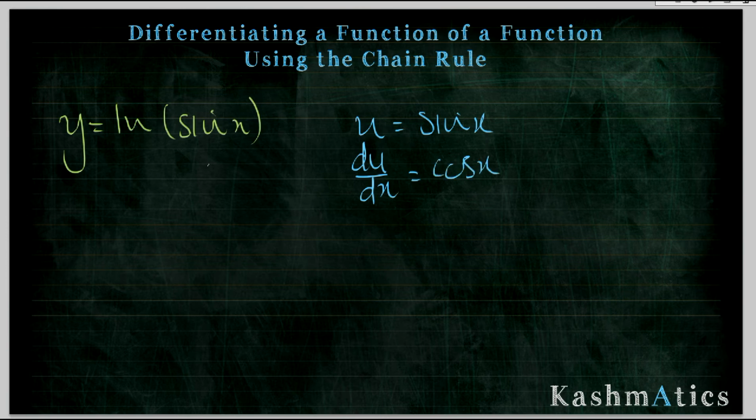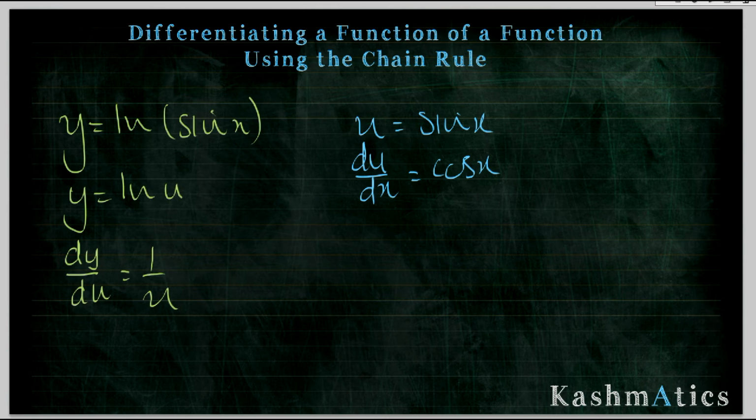Okay, now because u is sine x, this becomes y equals ln u. So when you differentiate ln u, so dy by du, so ln something becomes 1 over something, so that would be 1 over u. We've got everything we need.